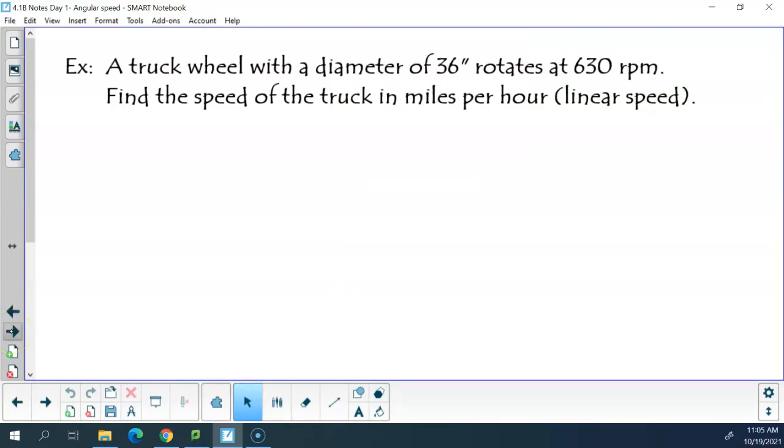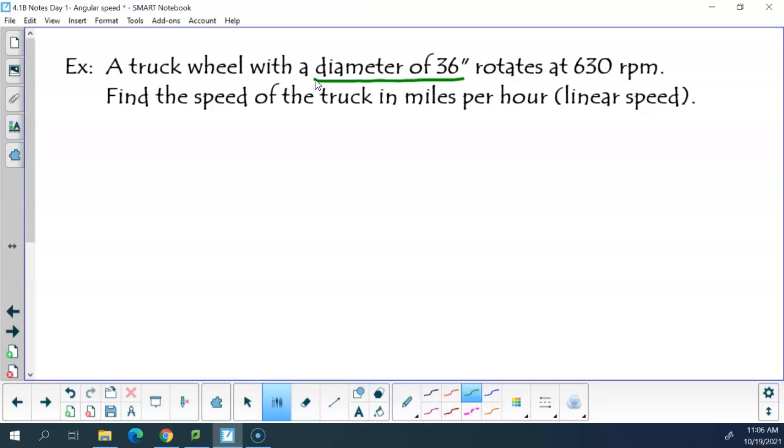So here is example number one. Example number one says, a truck wheel with a diameter of 36 inches. So that's something that we should highlight here, that the diameter of our wheel is 36 inches. Side note, the double dash, that's inches, single dash, that's feet.